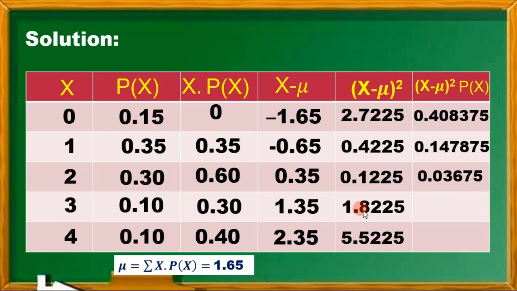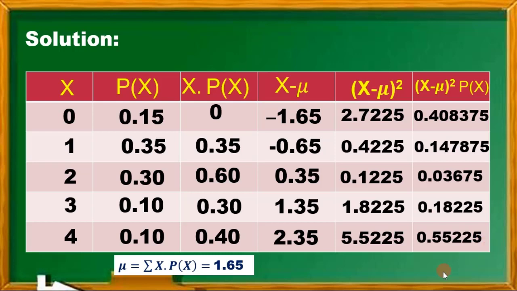Let's continue here. 1.8225 times 0.1 is equal to 0.18225. Then we have 5.5225 times 0.1, we just simply move one decimal place to the left from this. We move it here. So we have 0.55225.